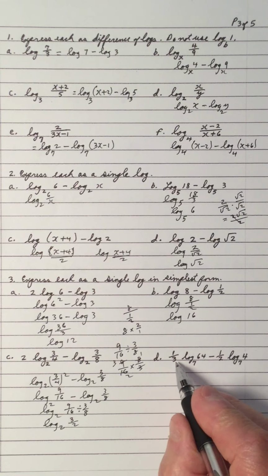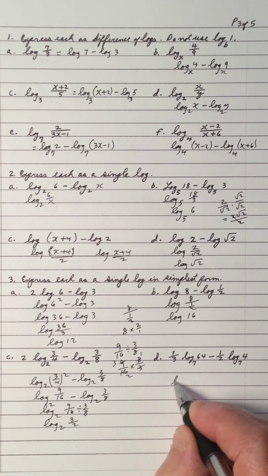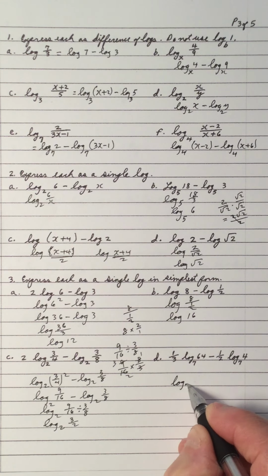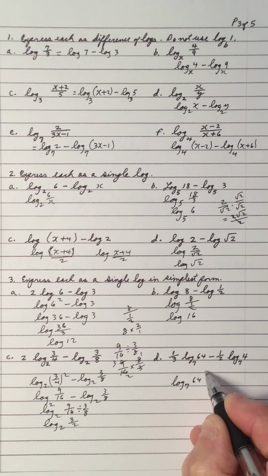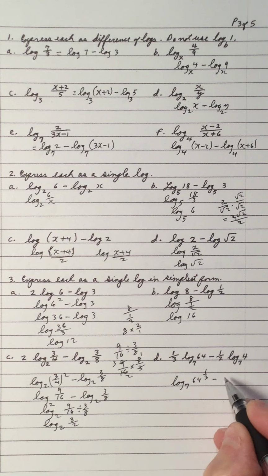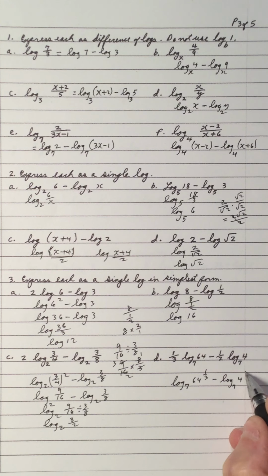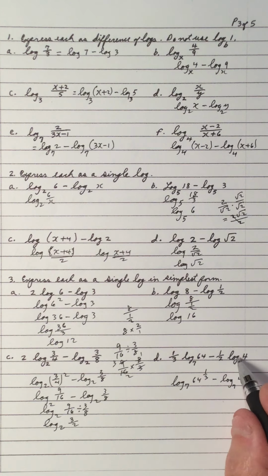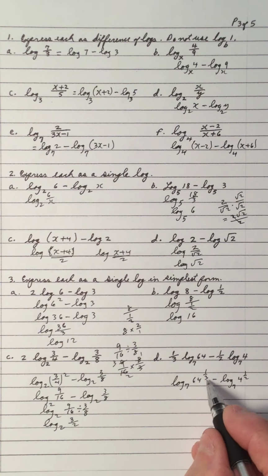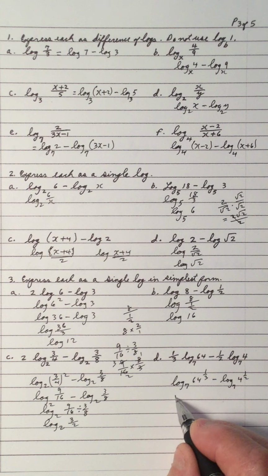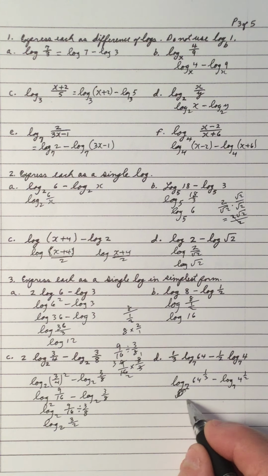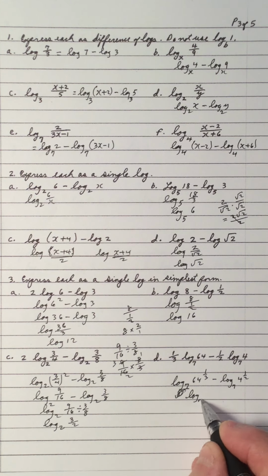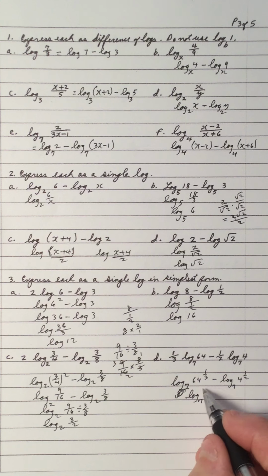And this one, again, the power rule. So this is the log of 64 to the 1/3. It's the log of 4 to the half, because with the power rule, the 1/3 goes to the power of 64, and the half goes to the power of 4. The cube root of 64 is 4.